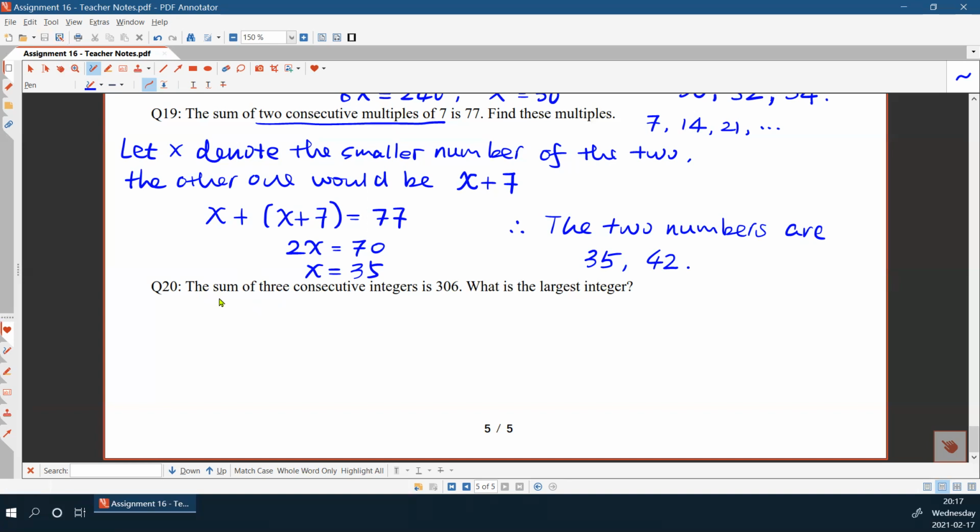Question 20. The sum of three consecutive integers is 306. What is the largest integer? So here we only want to know the largest integer.